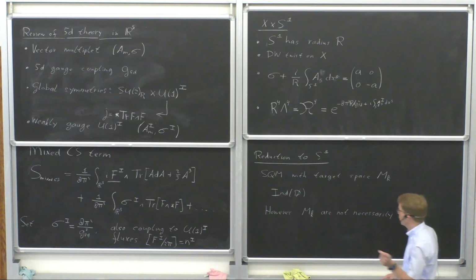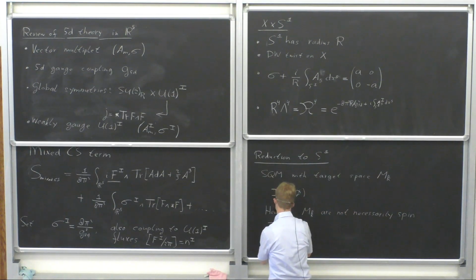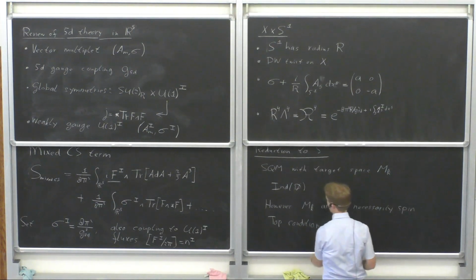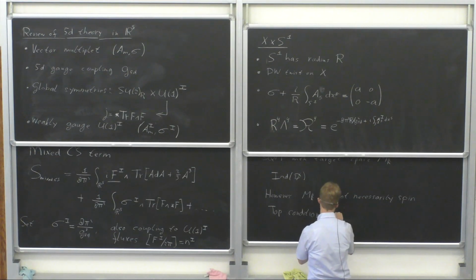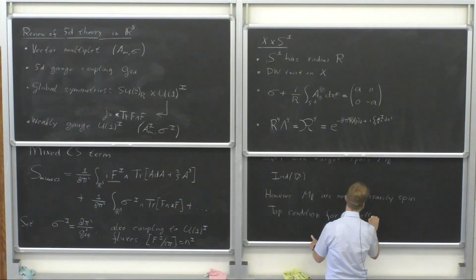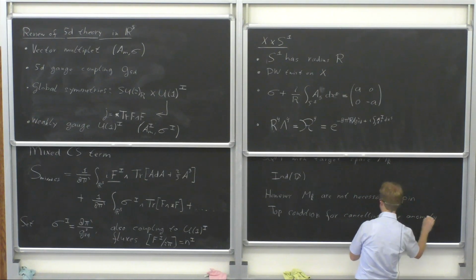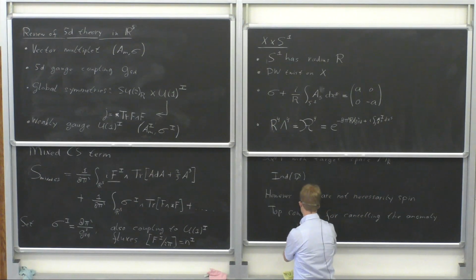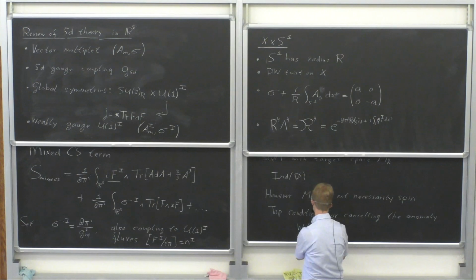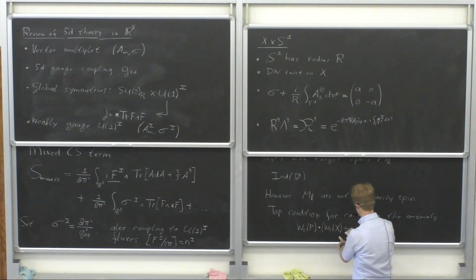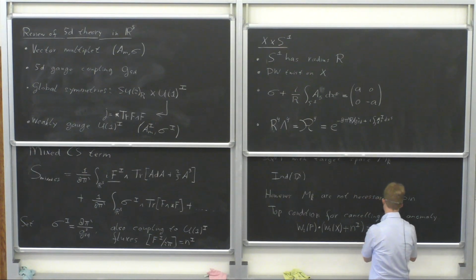So there is a topological condition cancelling the anomaly: the second Stiefel-Whitney class of the gauge bundle, with the inner product of the second Stiefel-Whitney class of the four-manifold X plus this flux n_I, is an even number.